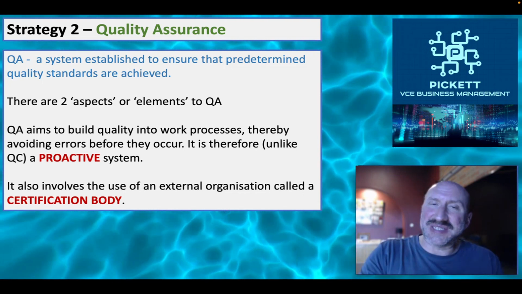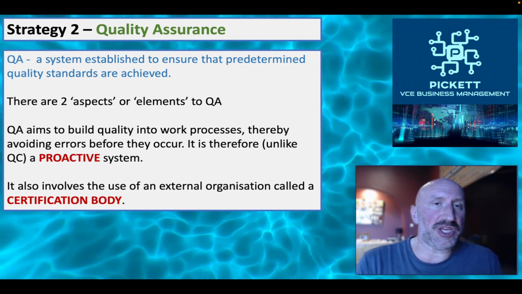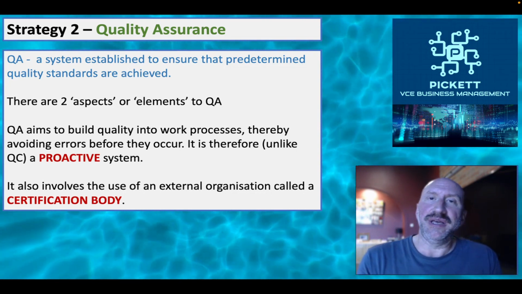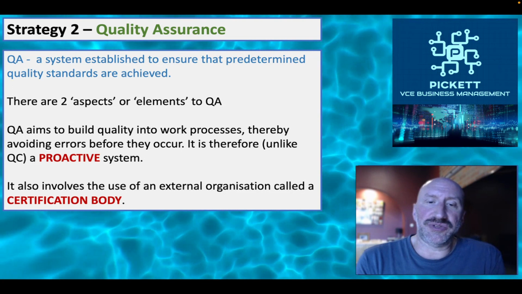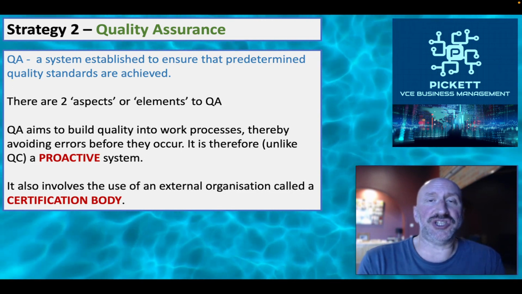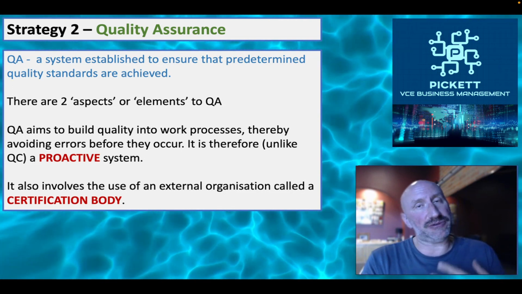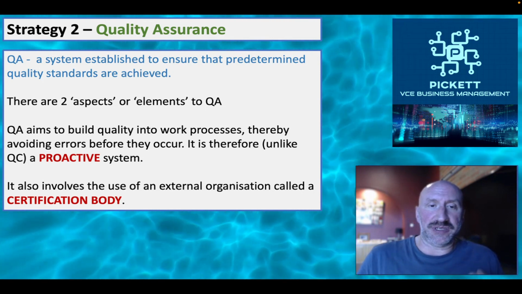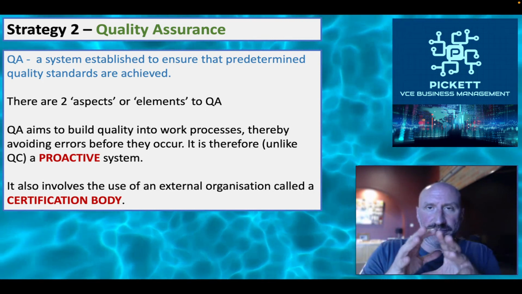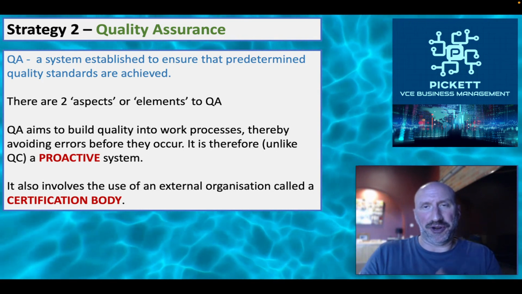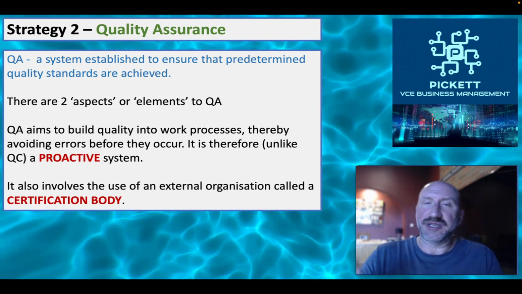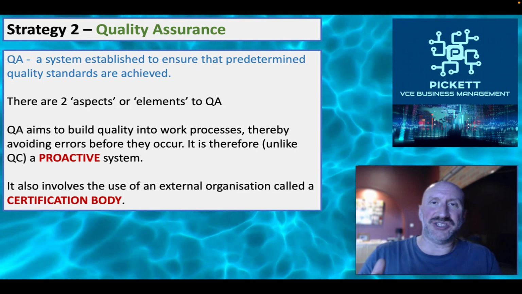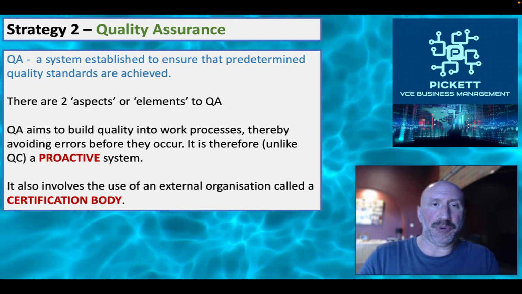Okay. The second aspect of QA is the use of an external certification body. Now, our tour guide did mention this on the tour. So the second part of this is getting your product and your processes certified by an external certification body.